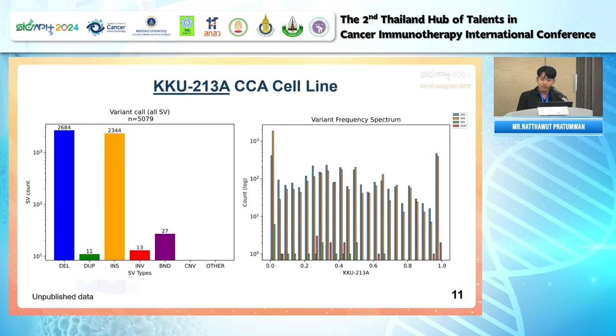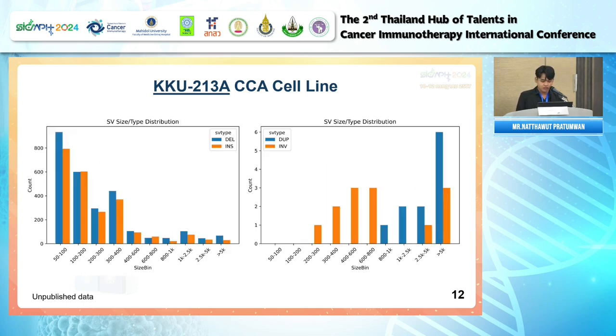And this figure shows the types of structural variation in the KKU213A cell line, and the most common variants are deletions and insertions.